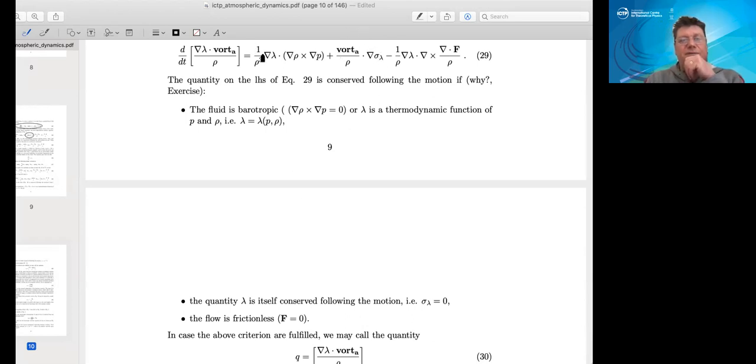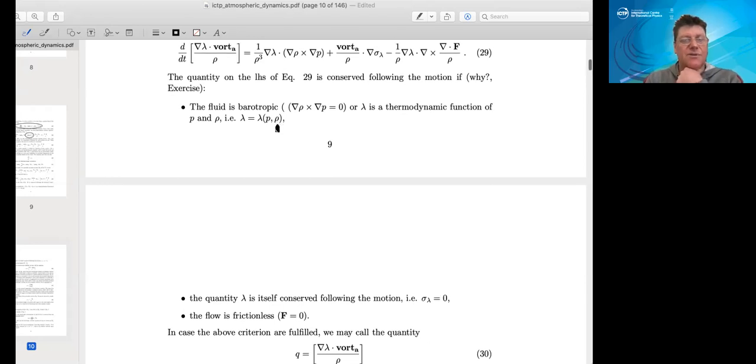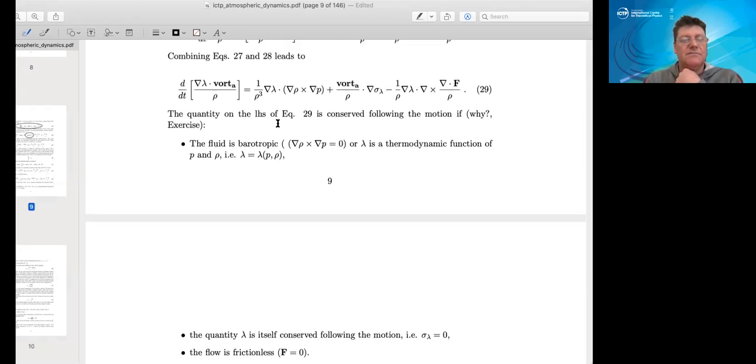The first term vanishes also already if we just consider, for example, entropy, because entropy is just a function of pressure and density for a simple, let's say, one component system, which is the easiest to use here.